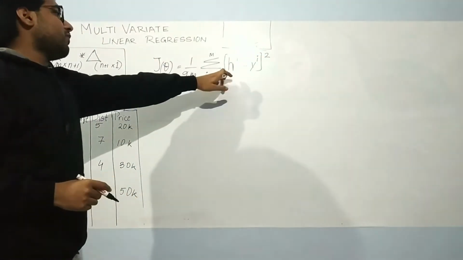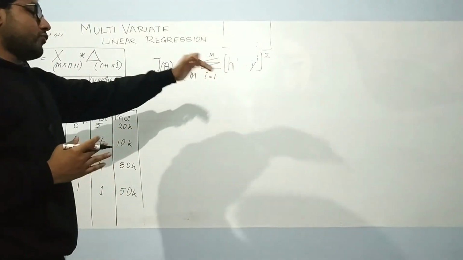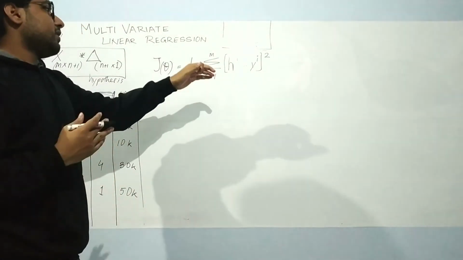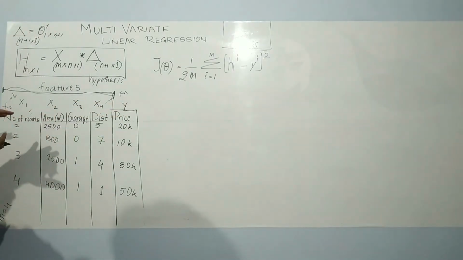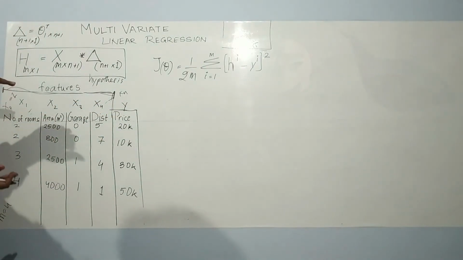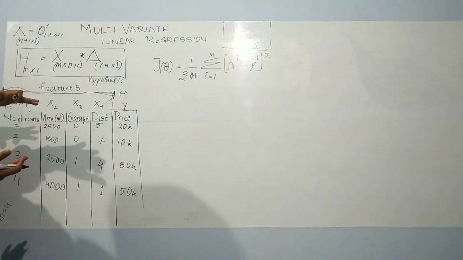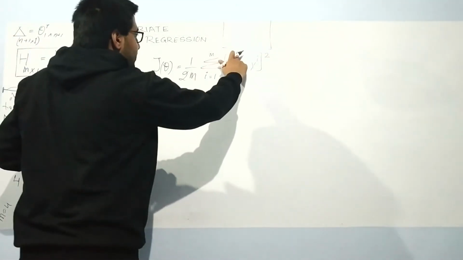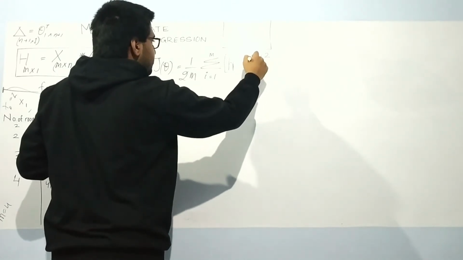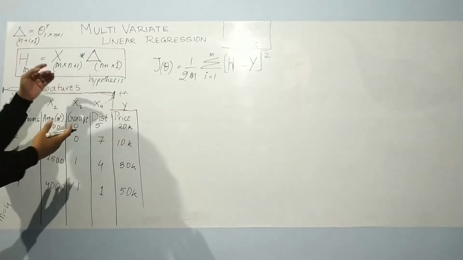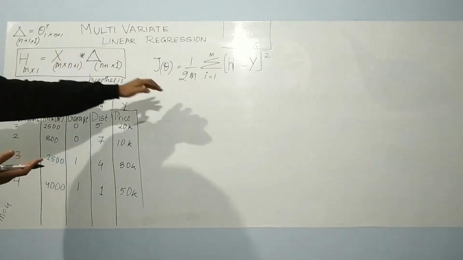Now h of i and y of i represent only one single example, but if we want to represent them in the form of a matrix, we can write capital H and capital Y. But again, in the end, we'll have to take the average of all of them.